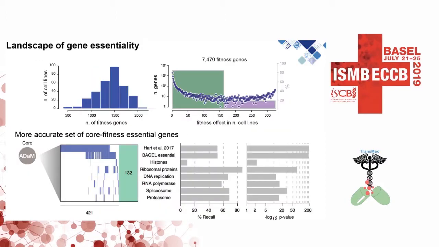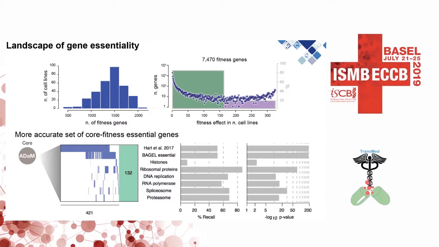So this is a landscape of the results. We had a median of 1,500 essential genes per cell line. As you can see on the right, in the plot showing the number of fitness genes exerting their reduction of viability in a given number of cell lines, the vast majority of the genes are essential in only a few cell lines, so they appear to be context-specific.